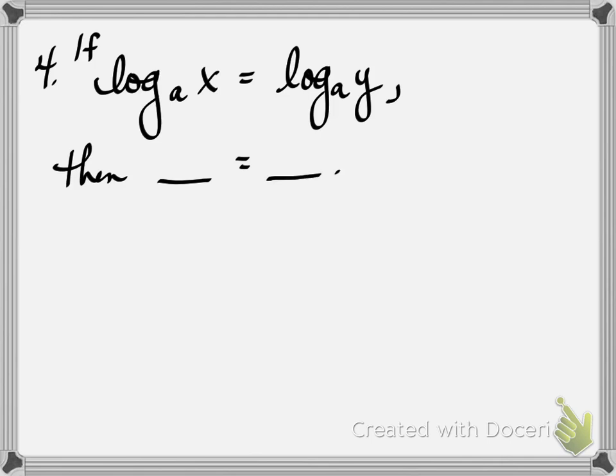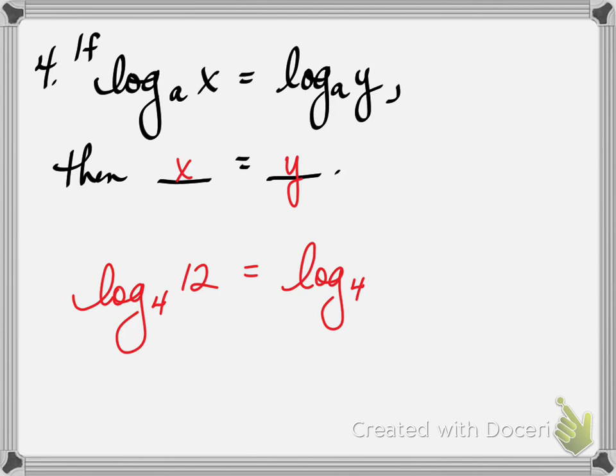Okay, so if the logs are equal up there and the base a's are the same, then that means that x must actually be the same thing as y. So you would see that as something like log base 4 of 12 is equal to log base 4 of what? And you'd say, oh, x must be 12.